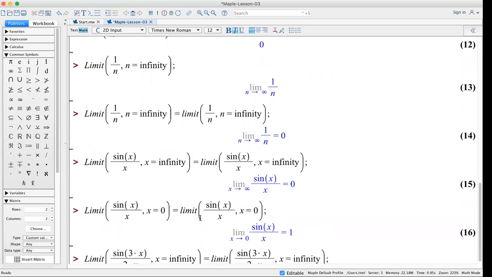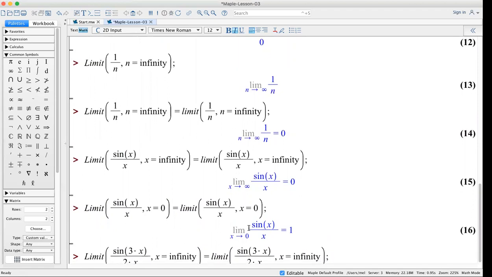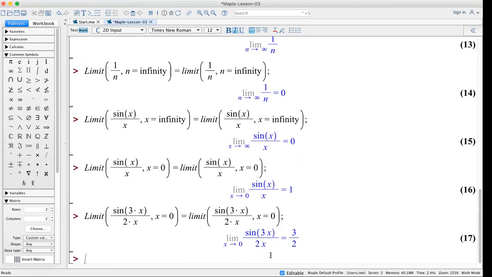And that limit is 1. And if I take sine 3x over 2x as x goes to 0, that limit is 3/2. Doesn't matter what variable you use.